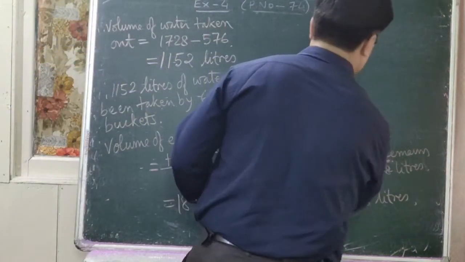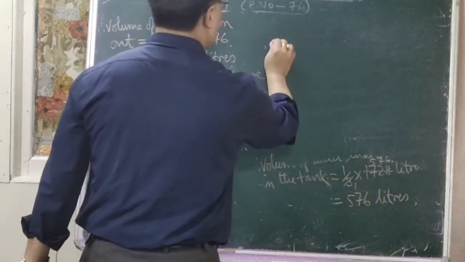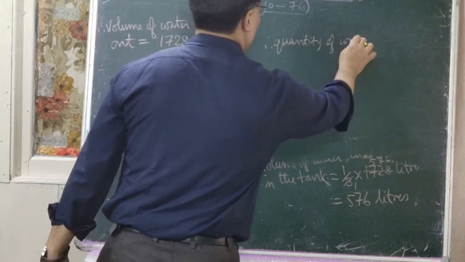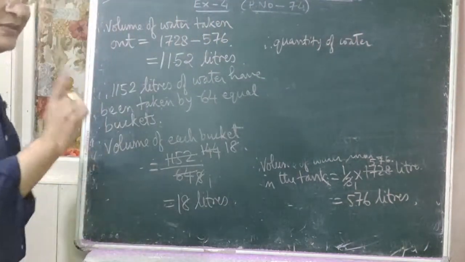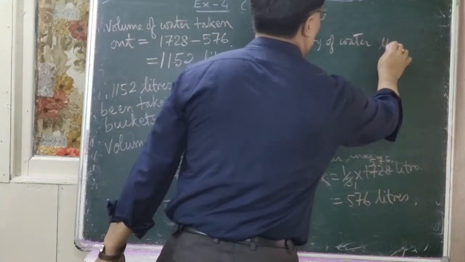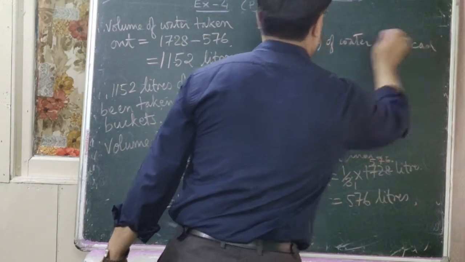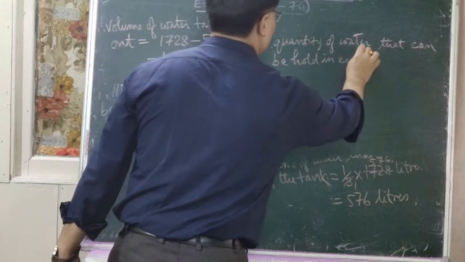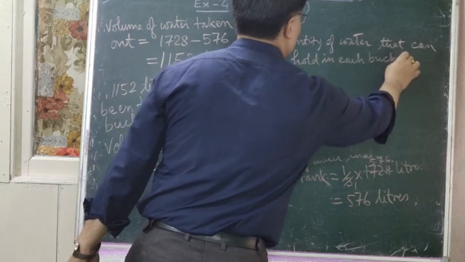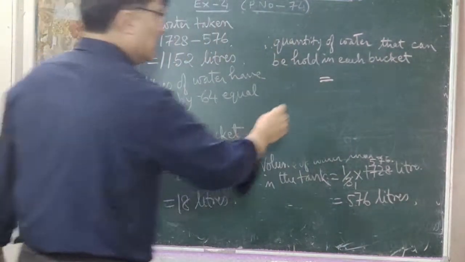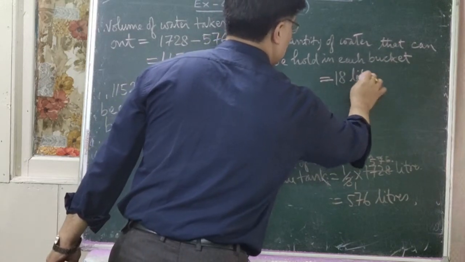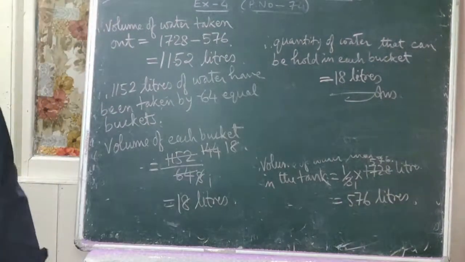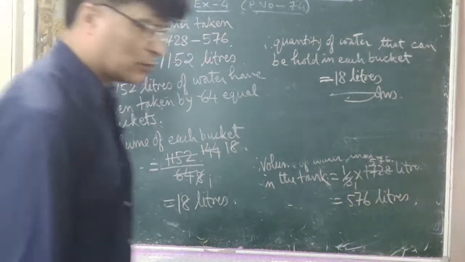Therefore volume of water or quantity of water that can be held in each bucket is equal to 18 liters. So this is the final answer. So I think you have understood it, so you can copy it.